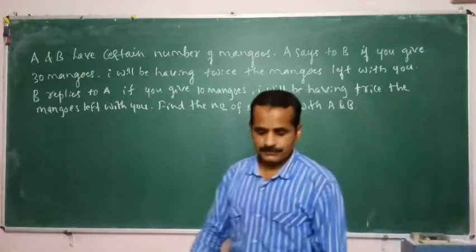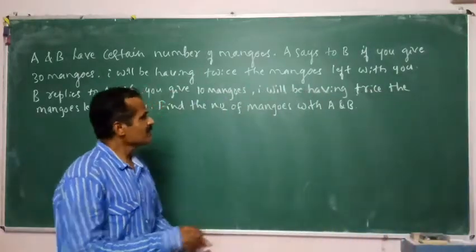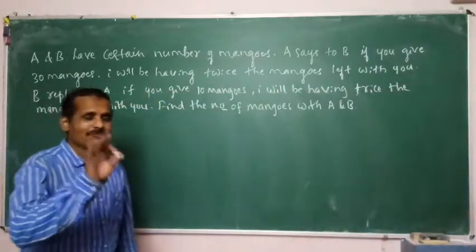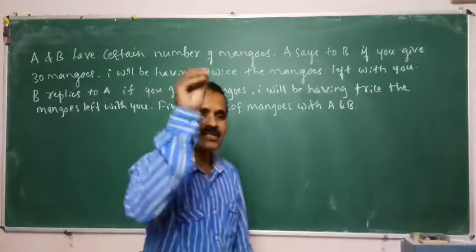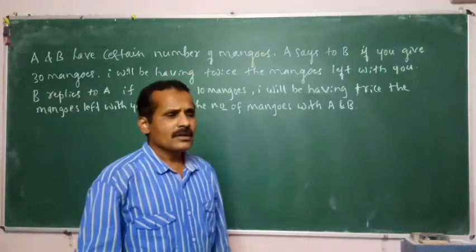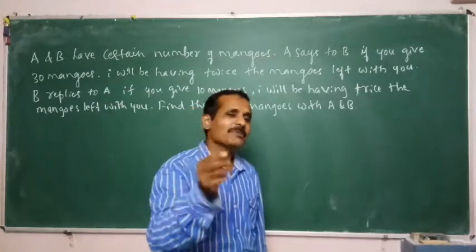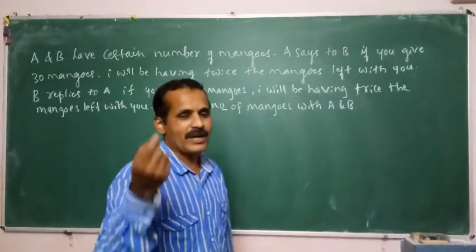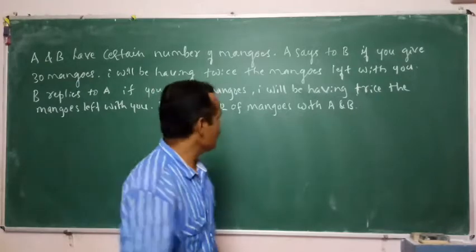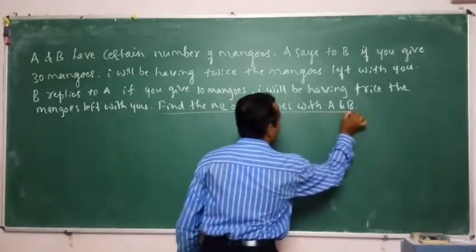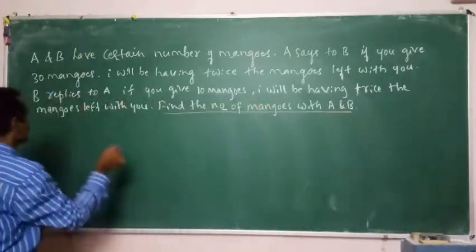This is the question. A long question, very lengthy, but definitely there are two conditions hidden in there. We will trace out what the conditions are, but before that, we are quite familiar with how to start the problem. Find the number of mangoes with A and B. We can start.